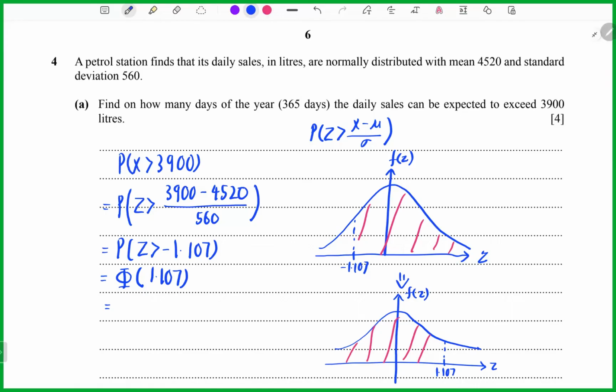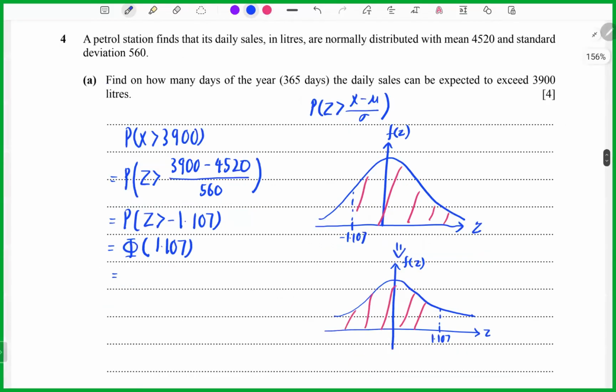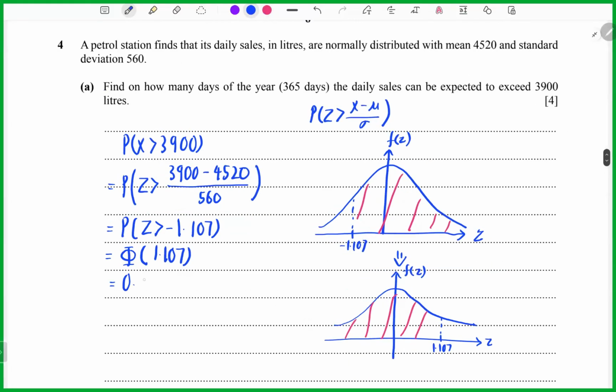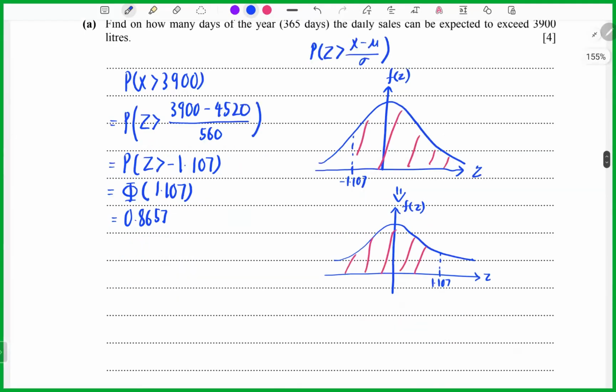Because it's the same, we can take from the table, 0.8657, times 365 equals 316 days.